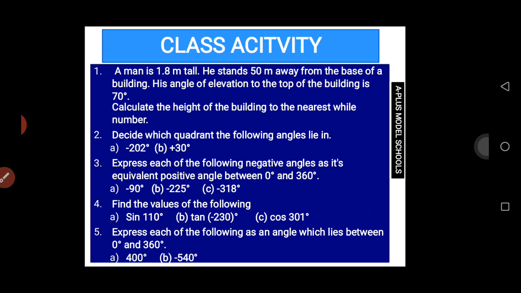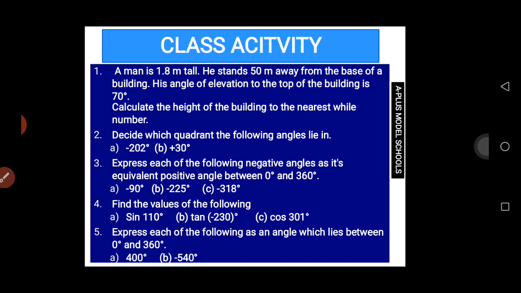So for the class activities, you have 5 questions, where question 1 is talking about angle of elevation and depression. Then question 2 is talking about deciding which quadrant the following angles lie in. So you tell us the quadrant in which these values are. Then question 3, express each of the following negative angles as its equivalent positive angle between 0 degrees and 360 degrees.